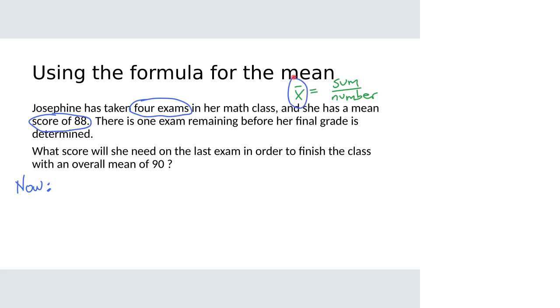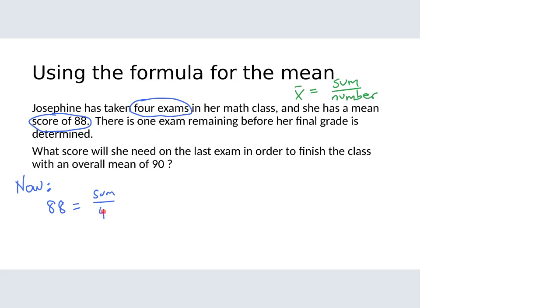We know her mean, we know the number, we could find the sum, which in this case is going to be the total number of points she's earned. So let's see here. Her mean score is 88. We don't know how many points she's earned so far. We'll call that the sum, but if you wanted to call that the points, that would make sense because that's what it is, how many points she's earned in the class so far.